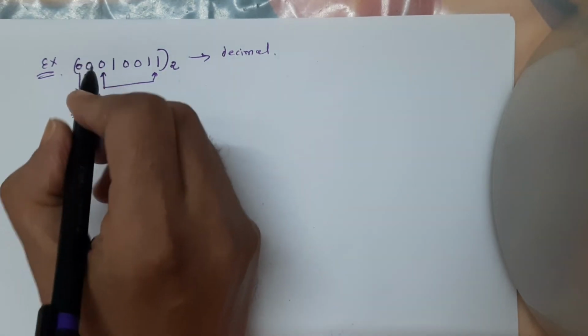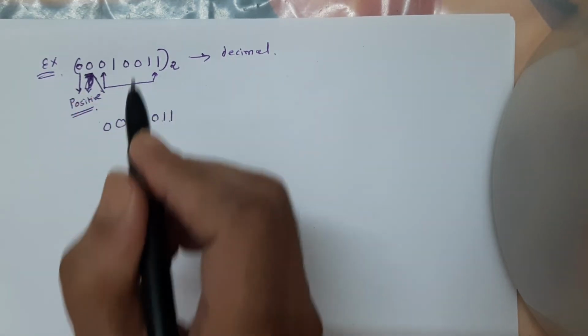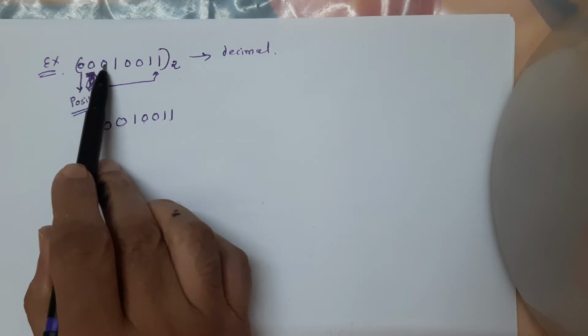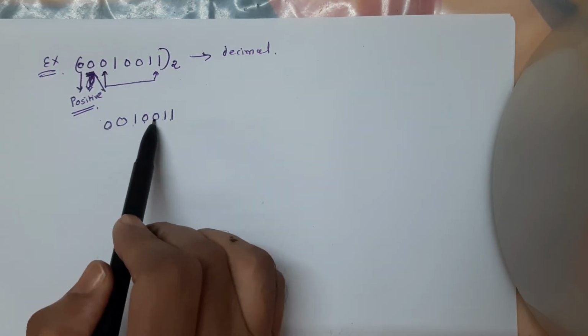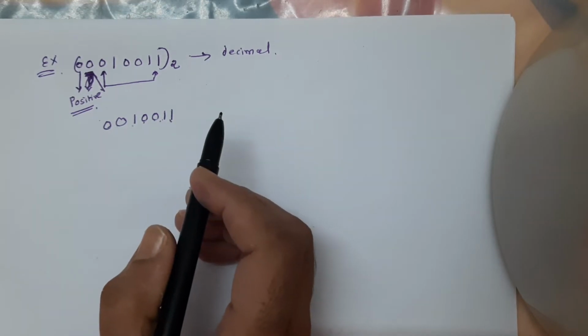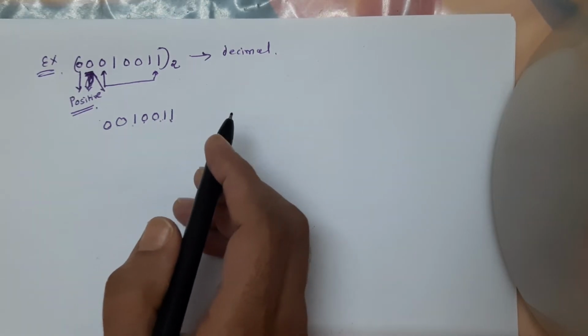So these 7 digits we want to convert into the decimal form.